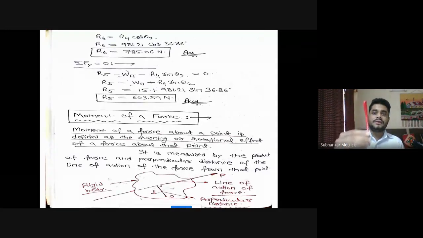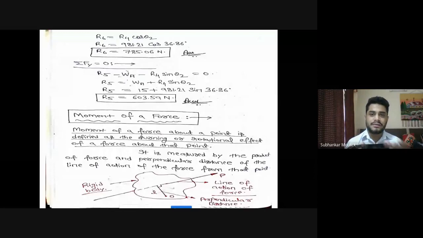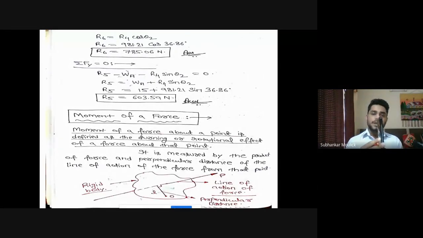Assume that this red color pen is nothing but a force or a load. The body can be placed parallel to the horizontal axis, parallel to the vertical axis, or at some angle with respect to any of the axes.